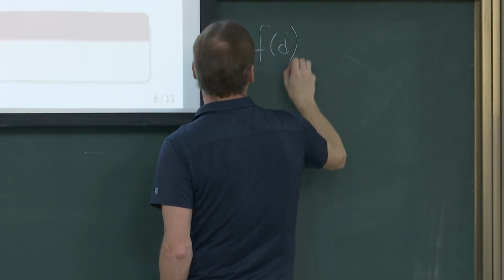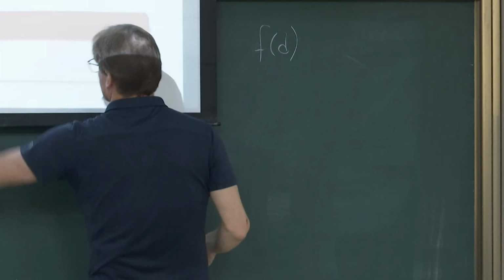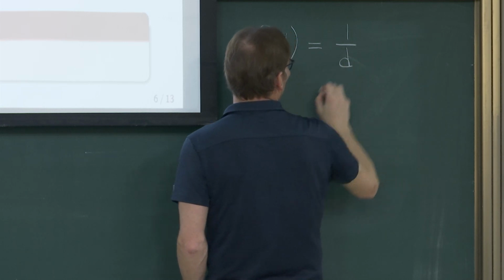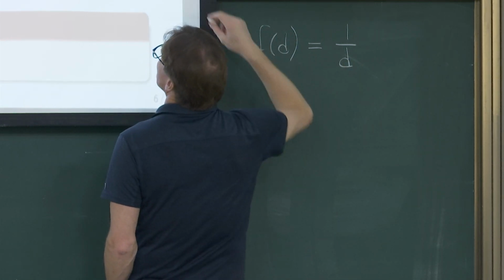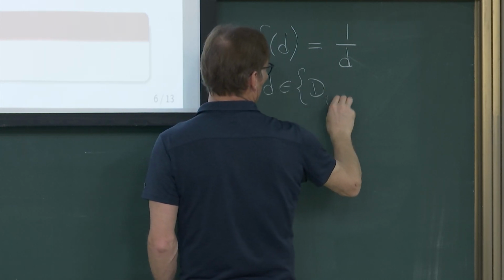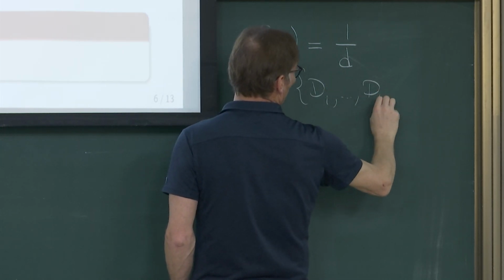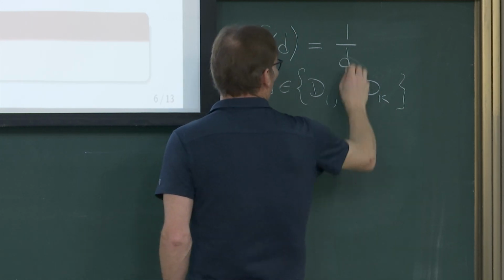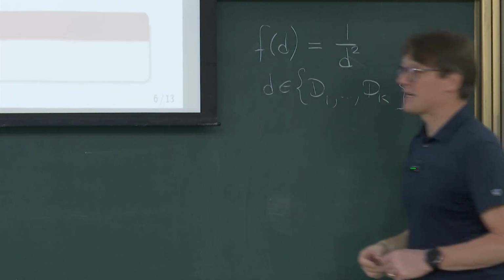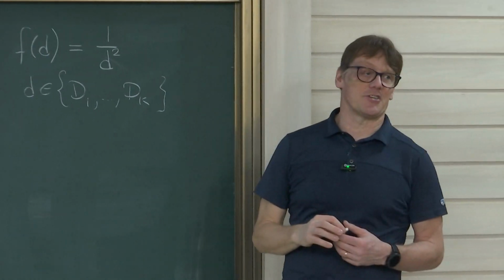We don't need to carry around the subscripts. f is 1 over d squared, and d is given as this discrete choice variable. And the question is, can you make this expression into a linear expression?